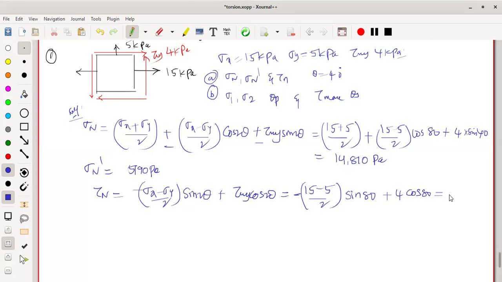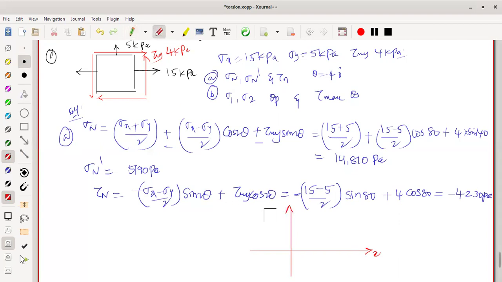The value of this is minus 4230 pascals. You can take it in kilopascals or pascals, that is your wish. So that is the first question, you can get the solution. And theta is given as 40. Here one important thing is that you have to draw the element orientation. So how the element orientation you can observe, here it is x and here it is y.